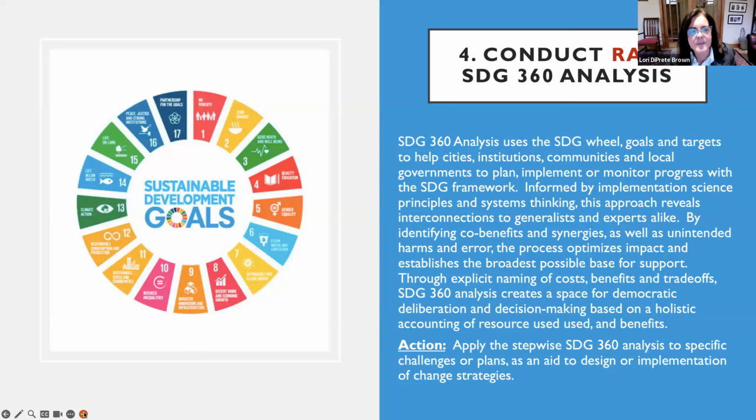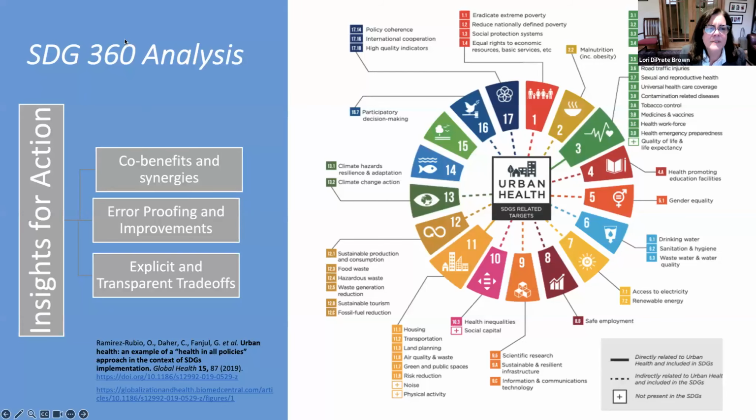You just have to learn how to think with this tool, and with the right approach and with visualizations, we can do this balancing act a little better. And we kind of have to, because if you don't do it, you are going to miss things and have unintended harm. Simple solutions really never are. Here's a really nice example of an SDG 360 analysis related to health.